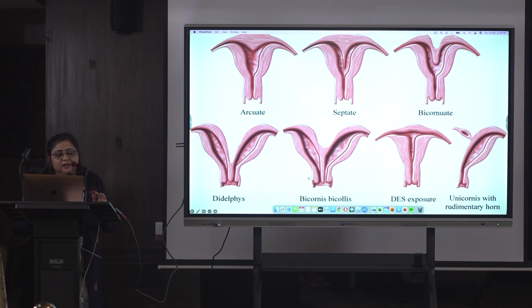Unicollis means a single vagina. DES exposure in the first trimester will give rise to a T-shaped uterus, and one more thing will give rise to a T-shaped uterus. Can you tell me? So Cox. Patients having tuberculosis, that's why T-shaped uterus is important.